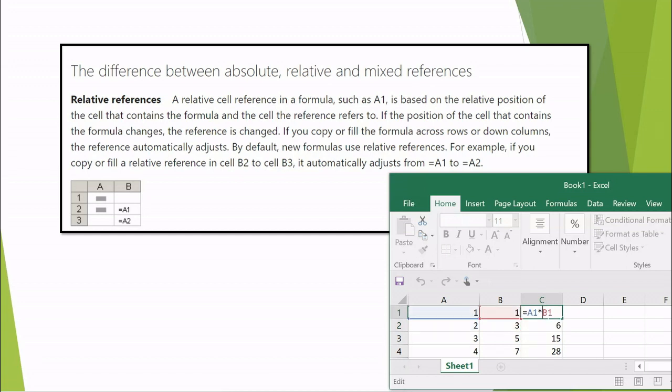Since over here I am multiplying these 2, for this cell he has multiplied A2 and B2. Here it will multiply A3 and B3. Here it will multiply A4 and B4, so the relative position changes.